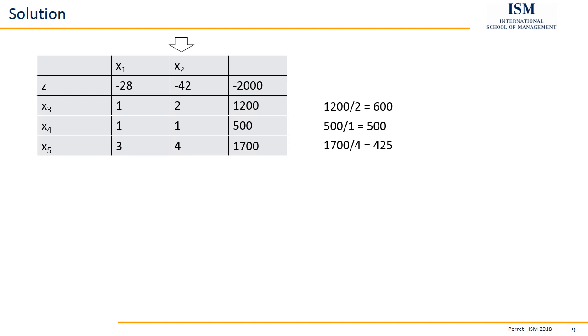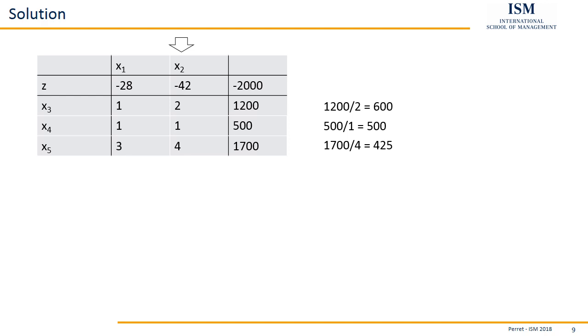Then we compare all these results. And we select the row where the element is strictly positive, so it cannot be 0, and where the calculation we did, the right side divided by the element, is the smallest. So here we have the advantage, all three elements are positive, so we could work with all three of them. Then we take a look.